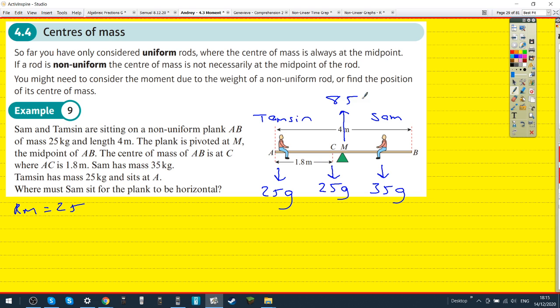Okay, 85G. So we know Tamsin is at A. The center is at C. The midpoint reaction is at M. We need to find where Sam should sit so that the plank stays horizontal.